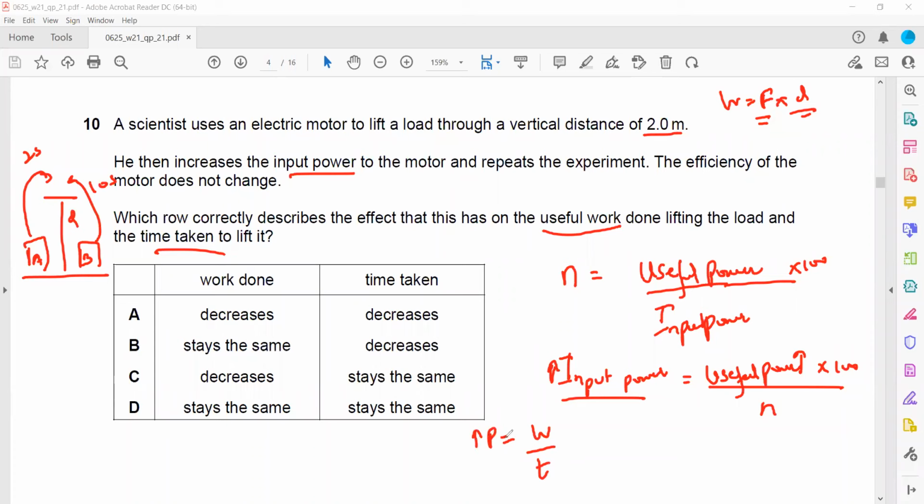So if the power is increased, the same work will be done in a shorter time. The work done will be the same because we are not changing the distance or the force, but we are doing the work faster. But what happens to the time taken? As we increase the power, the same amount of work can be done in a shorter time. That's why the time decreases as the power increases.